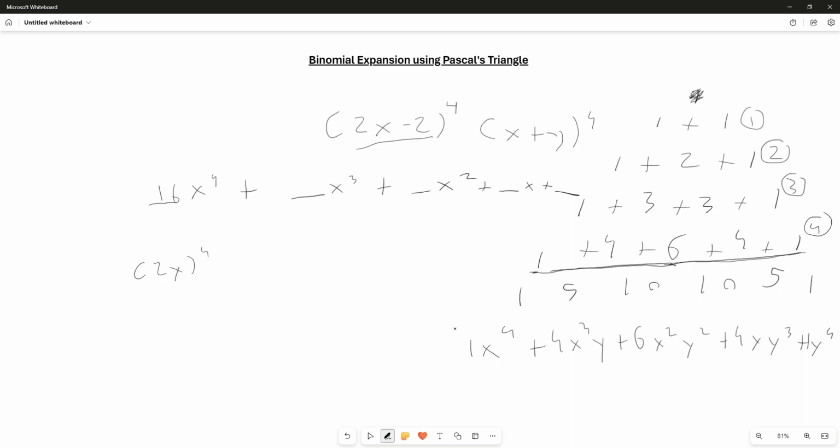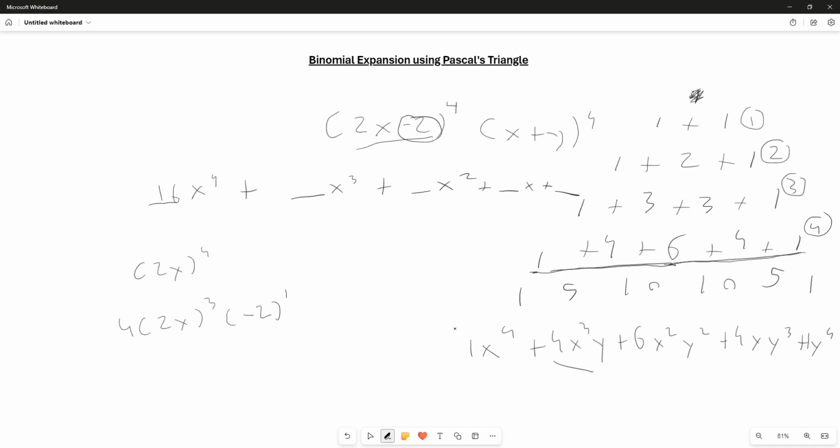Next we have 4x cubed y. So substituting 2x for x, we have 2x to the third, and substituting -2 here for the y, we get times -2 to the first. And then we have the 4 here as the coefficient, so we know that all of this has to be multiplied by 4.